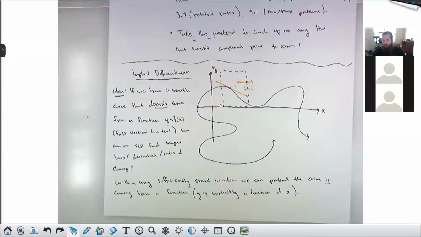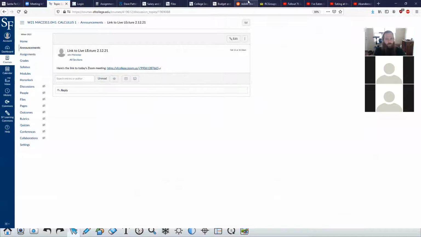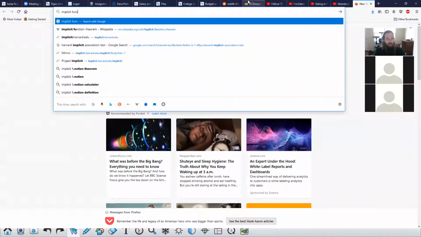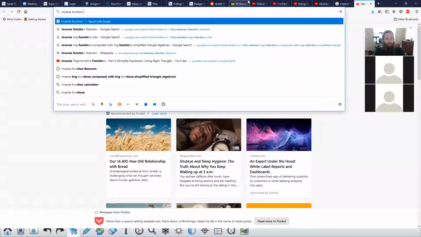So what does that look like in practice? What kind of examples will we be seeing in real life? Let me show you. Maybe first, if anybody wants to do some deeper reading here, there are a few really big theorems going on in the background. These are called the implicit function theorem and the inverse function theorem.